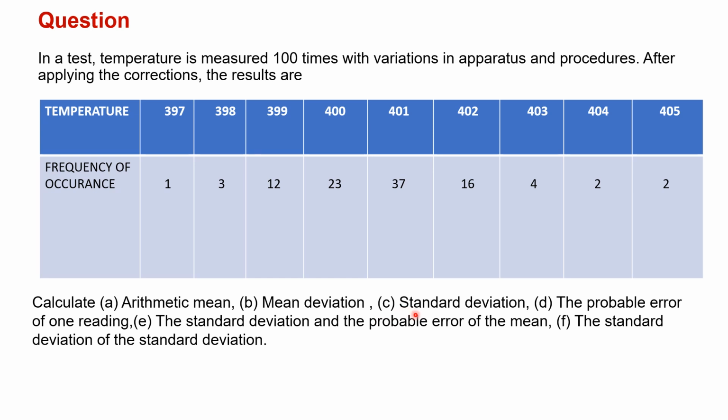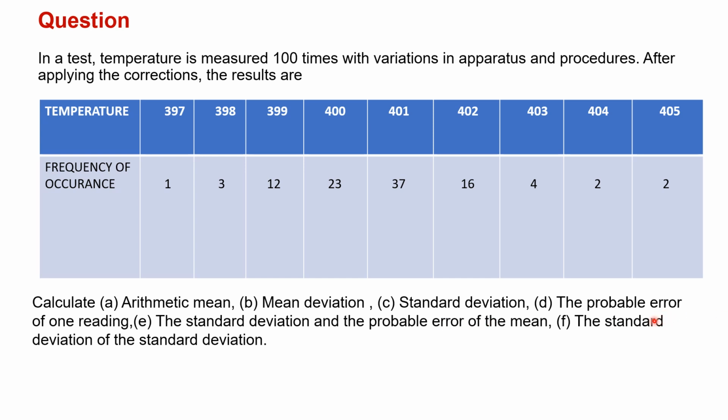Next is standard deviation, or root mean square deviation. The formula is the square root of the sum of individual deviations squared divided by the number of readings. We are considering the normal distribution curve or Gaussian probability curve and deriving the probable errors.